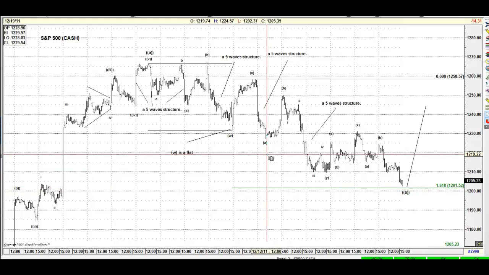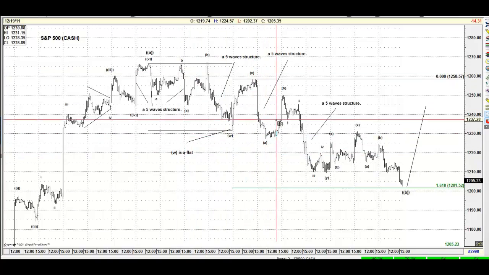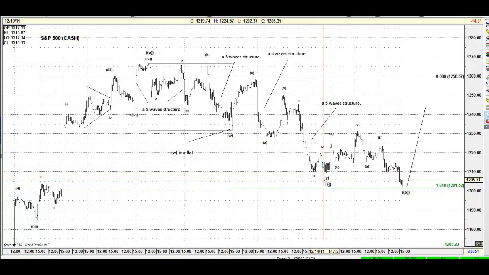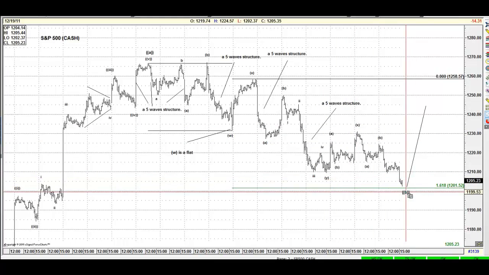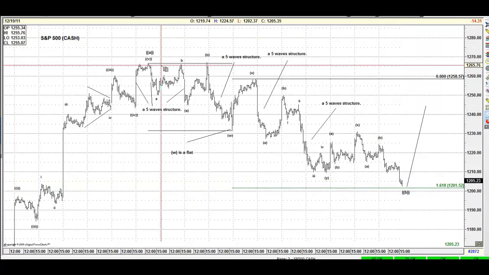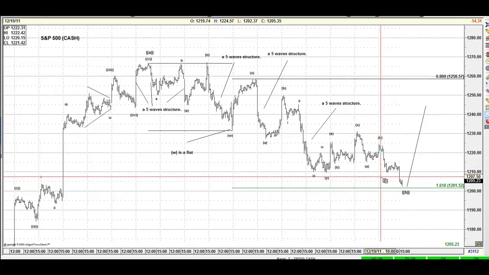Now, wave structure, you guys know already. We got W, X, and then A, B, C, Y. This is Y, three waves back, and then finally we got three more waves to Z. If this count is the one in place, S&P bearish. Now, a very interesting point is that today the S&P soared.